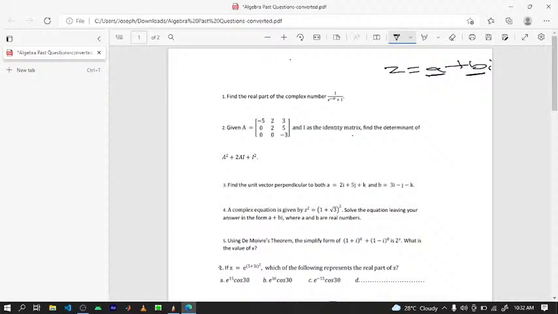But if you observe very carefully, you can see that A squared plus 2AI plus I squared is the same as what? A plus I all squared.